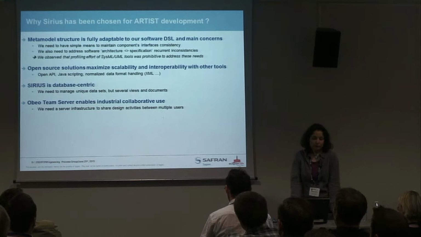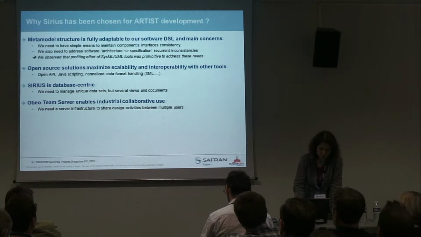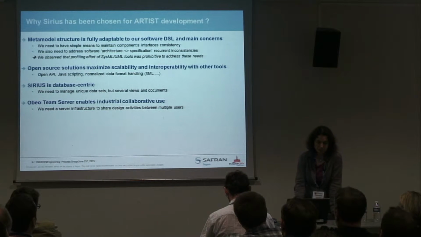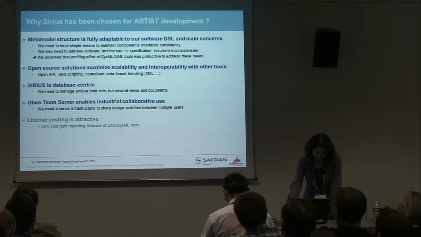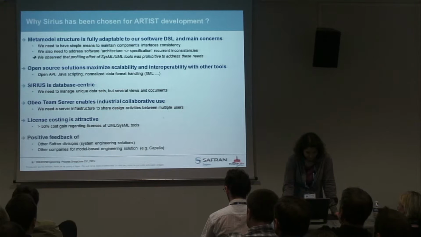Another advantage is that Obeo Team Server enables industrial collaborative use, because in industry we need to share models between multiple users. So we need a server infrastructure, which is provided by Obeo Team Server. And cherry on the cake, the license cost is really attractive.